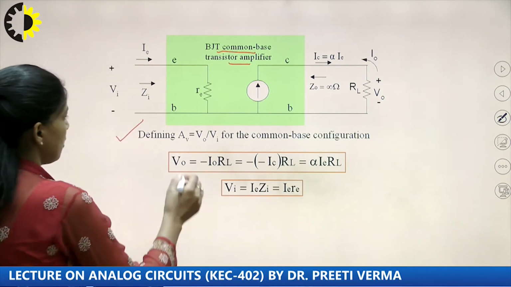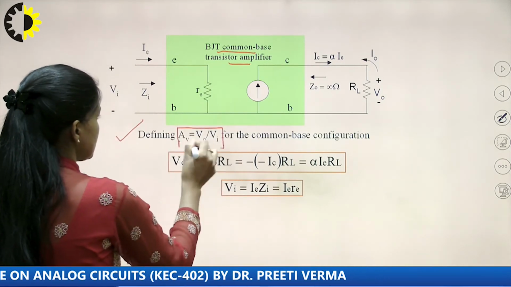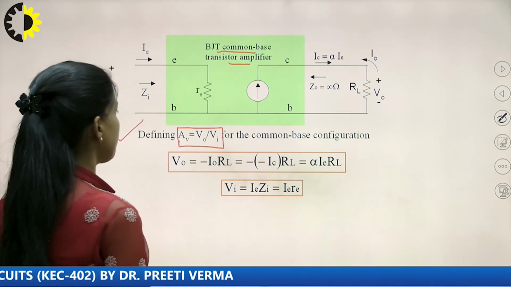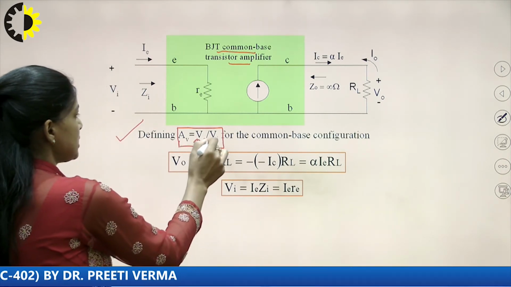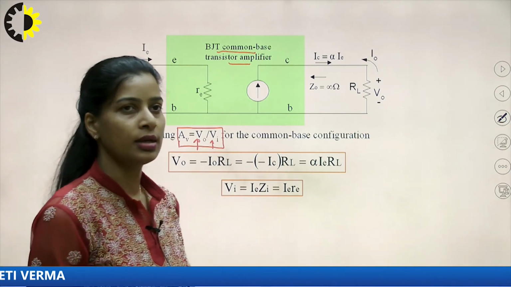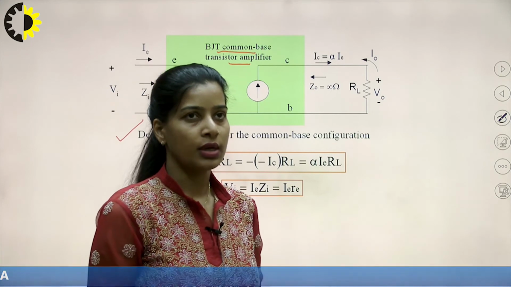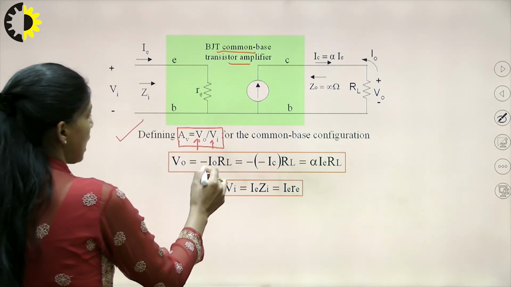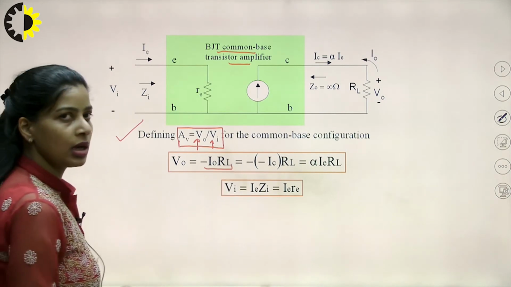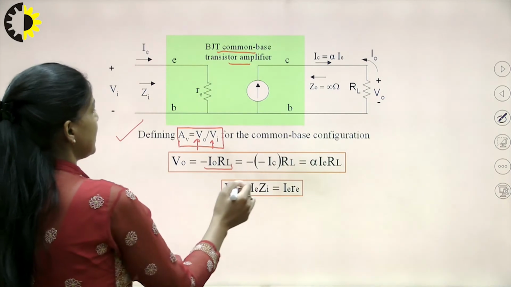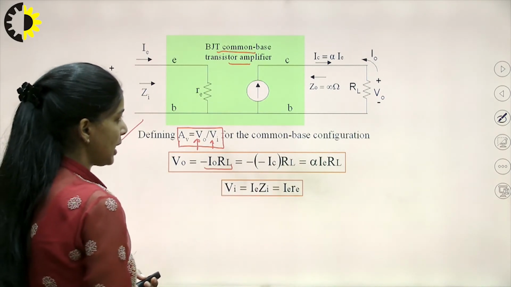Voltage gain, as we have seen, is the ratio of output voltage to input voltage. First we calculate the output voltage, then we find the input voltage, and taking the ratio we can get the voltage gain of this configuration. Output voltage will be output current multiplied by the output resistance, that is load resistance, and with the direction we have this negative sign.